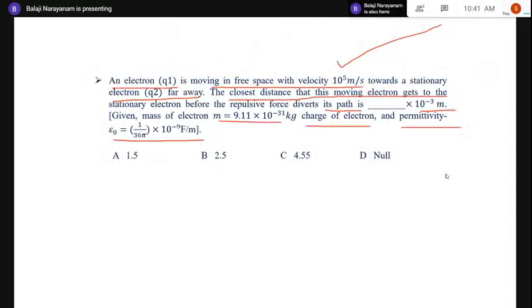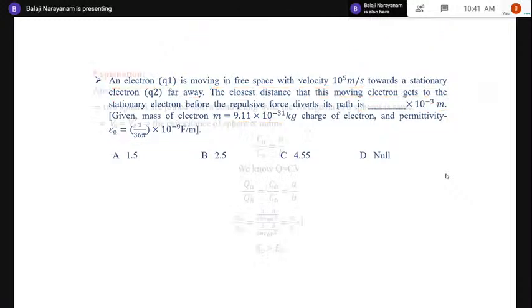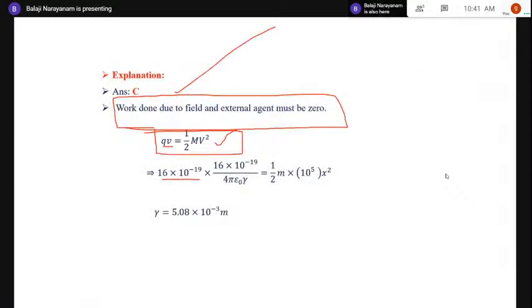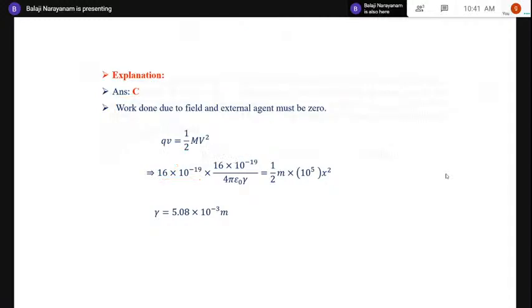Why do we get half mv square? Observe that the electron Q1 is moving in free space, so its kinetic energy is given by half mv square, and QV is the energy of this one, and we substitute in place. Half mv square is given for us, with velocity 10 power 5 meters per second.